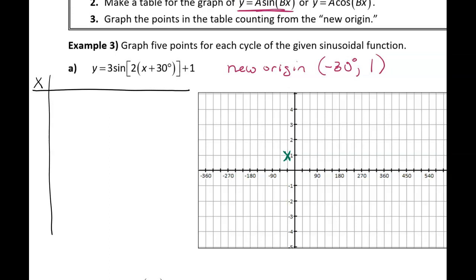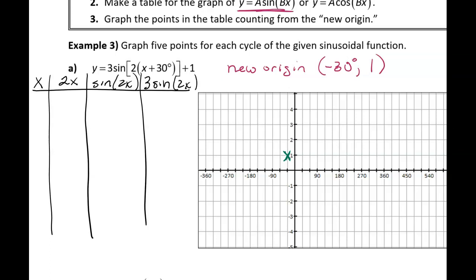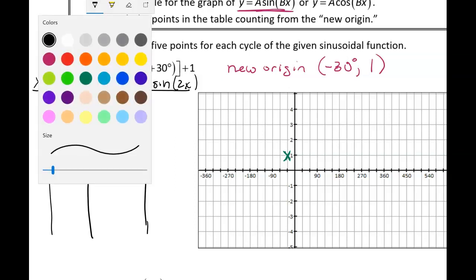We're going to make a table with the x values, and then twice times the x values, just pretend that plus 30 is not there, and then sine of 2x, and then 3 times the sine of 2x. We're just going to take into account those multiplication transformations.